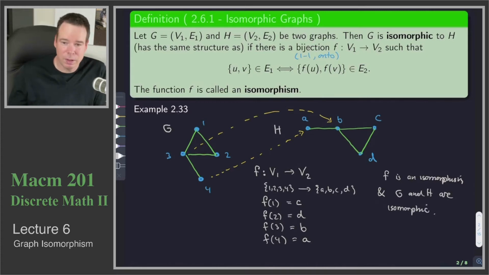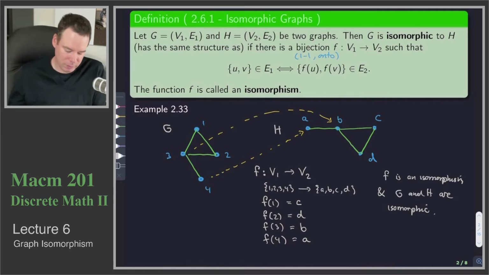Now, isomorphic quite literally translates to equal structure, or equal form, or same structure, same form. So iso meaning the same or equal, and morphic meaning shape or form or structure. And so this is quite literally the translation of they have equal structure. So these two graphs have equal structure.